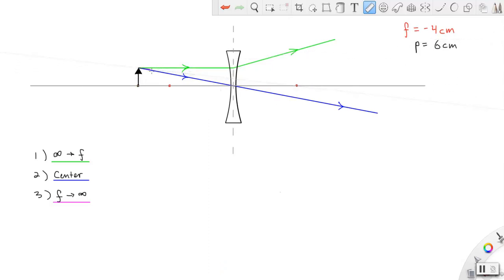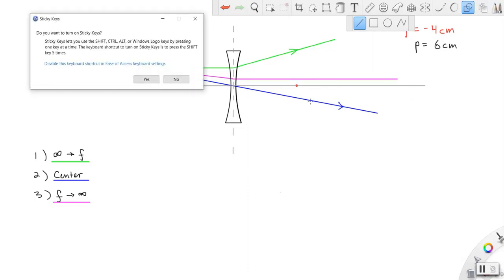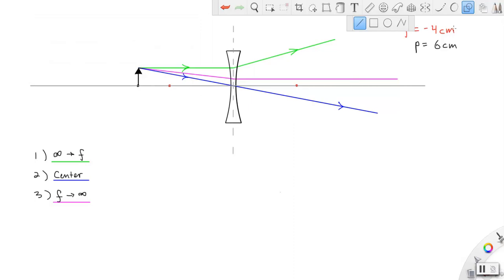If we point our ray at the focal point, what would happen when it hits the optical plane? It should go to parallel, like so. So, indicate direction.